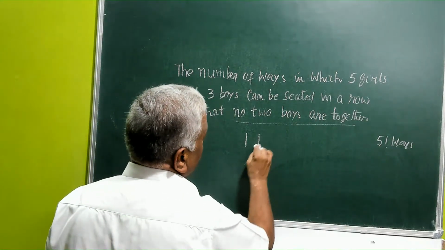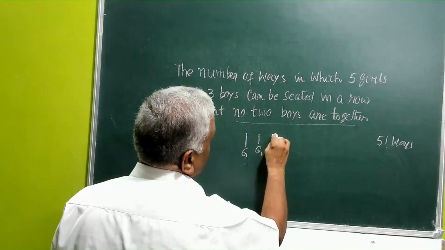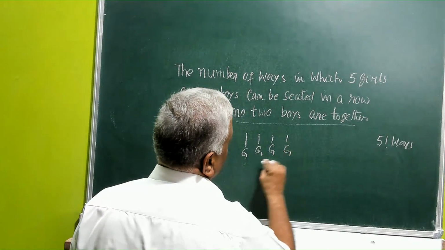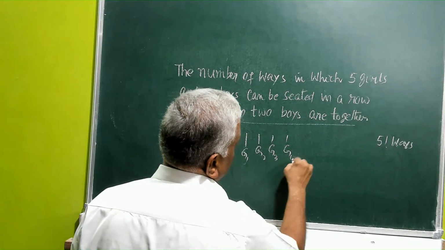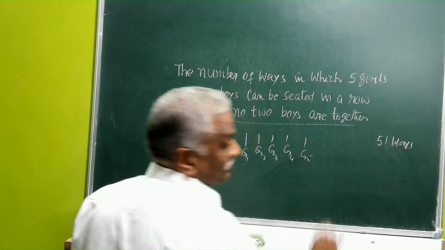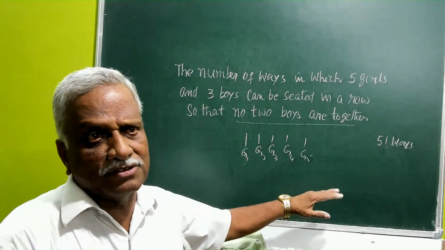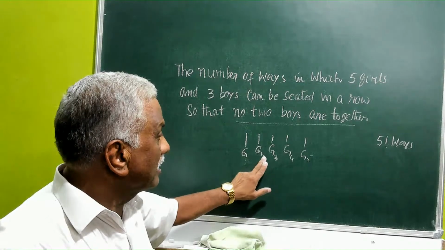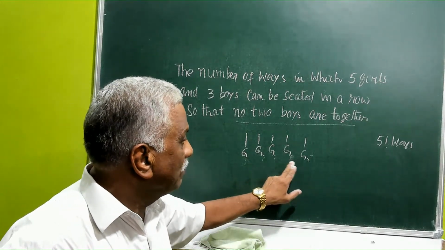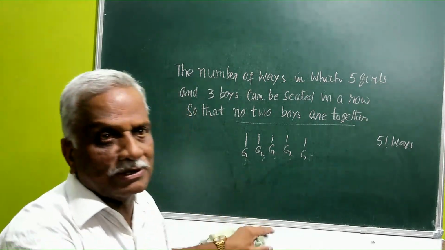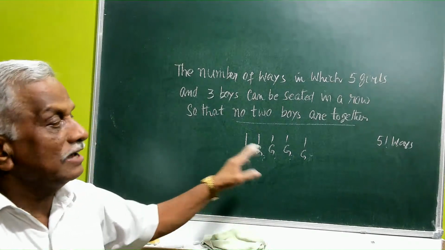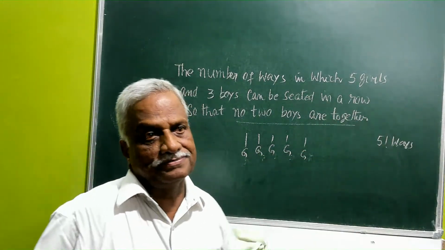So I'll write G1, G2, G3, G4, G5. I've just written G1, but I should not fix G1, G2 in order because they can be put in any place, all possible combinations. So 5 girls can be arranged in 5 factorial ways.